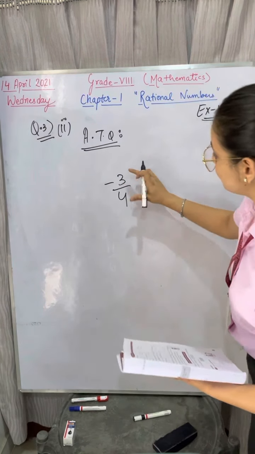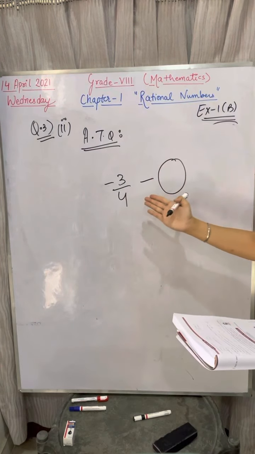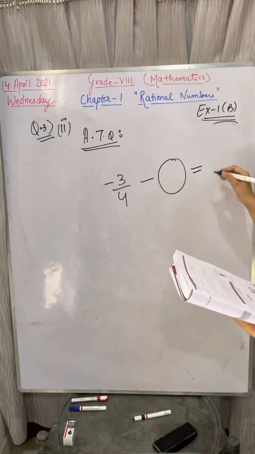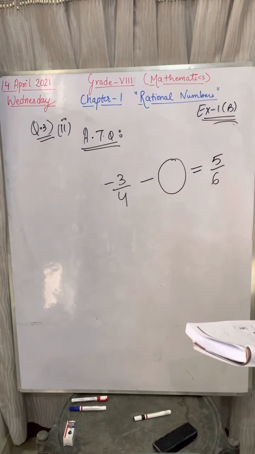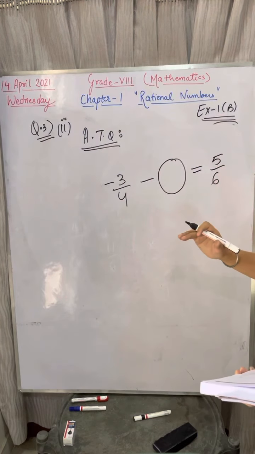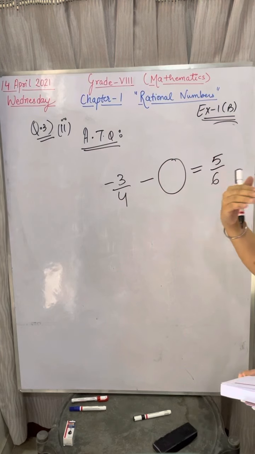They are saying that from minus 3 by 4, what should be subtracted, so that we will get 5 by 6? Up to here is clear? Okay. They have written it in a sentence, you have to write it in numerical form.